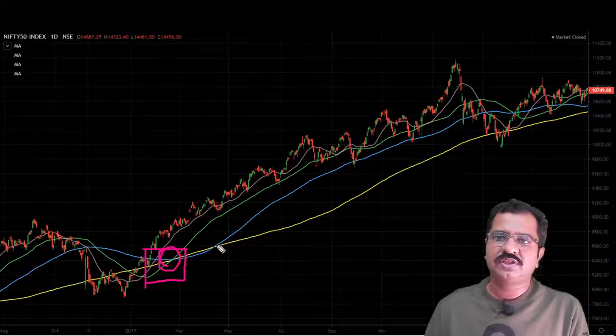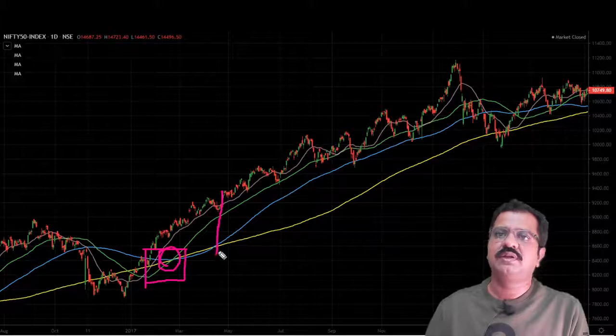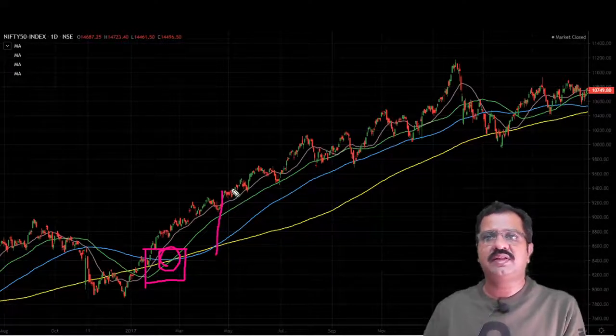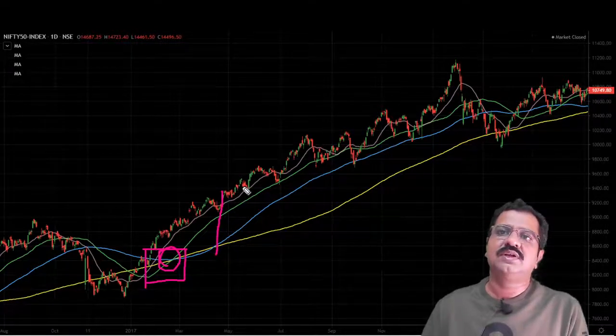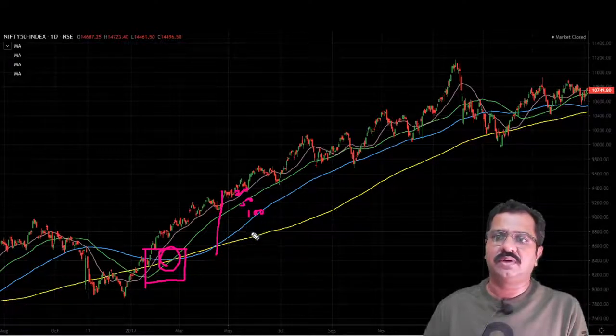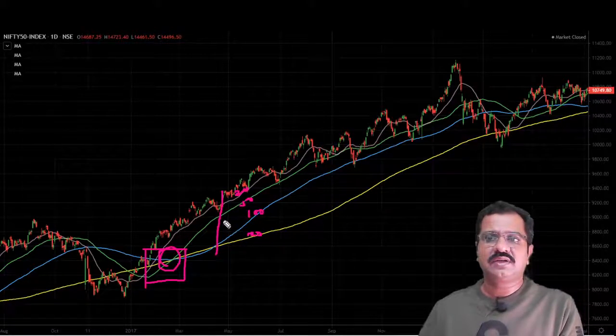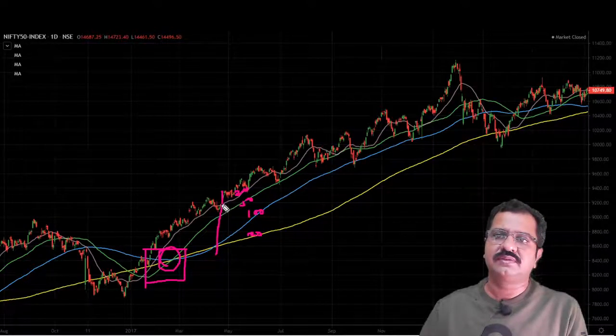And at this point, after this point, you can see that they are in that order, that is 20 is above, then 50, then 100, and then 200, and their distance started expanding, right.